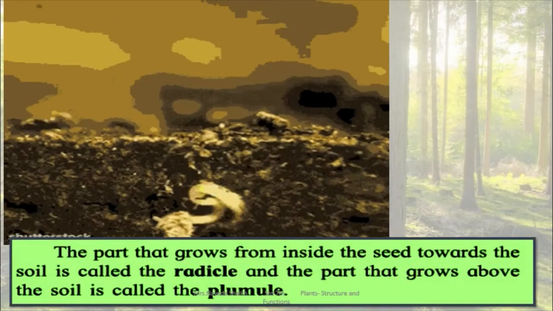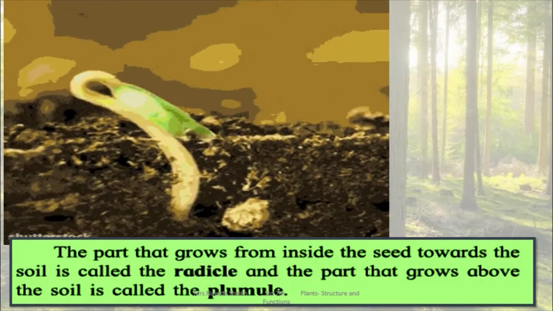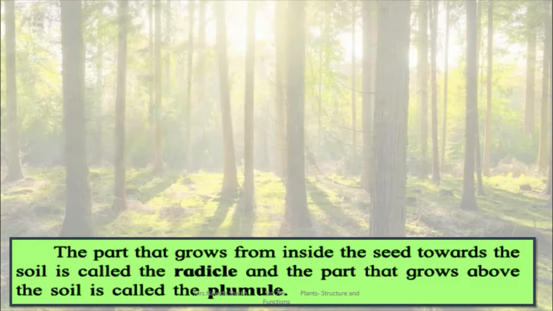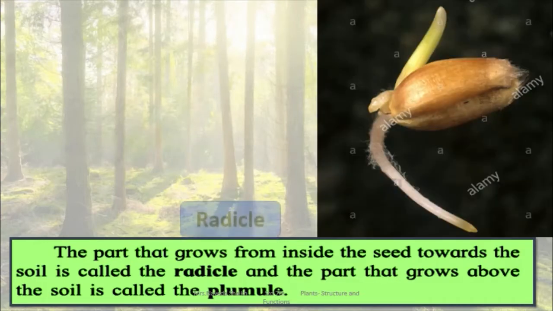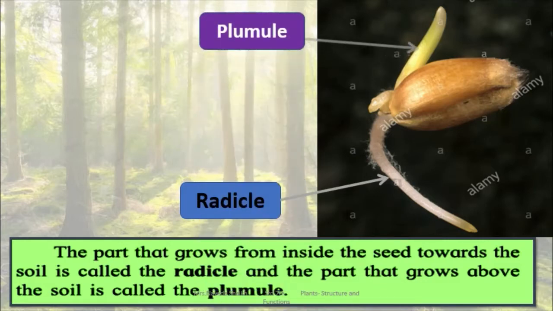The part which grows from the seed into the soil is called the radicle, and the part that grows above the soil is called the plumule. In today's class we will concentrate on the portion above the soil, which is the plumule.